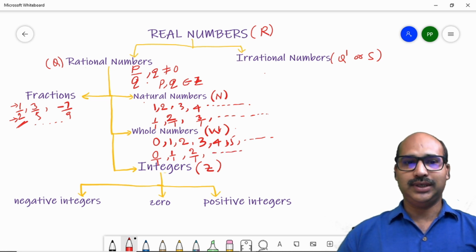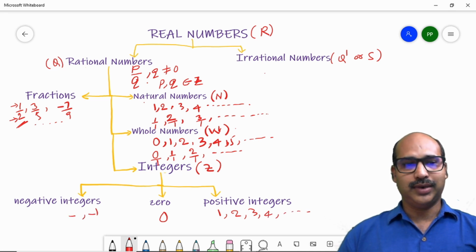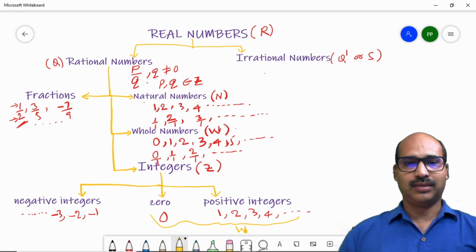Next one is integers: 0, positive integers like 1, 2, 3, 4, and so on, and negative integers -1, -2, -3, and so on. In this category, 0 and positive integers are whole numbers, W, plus negative integers are known as integers.